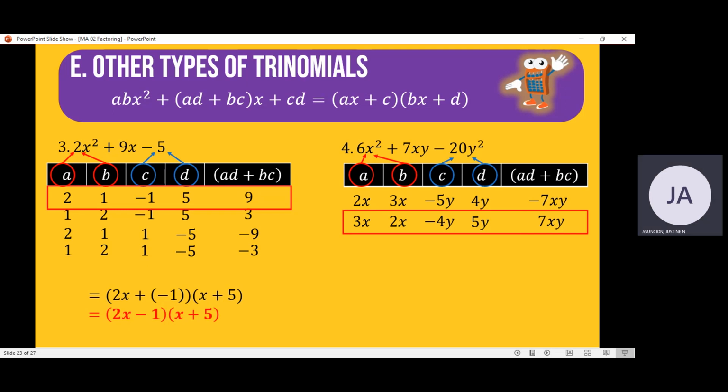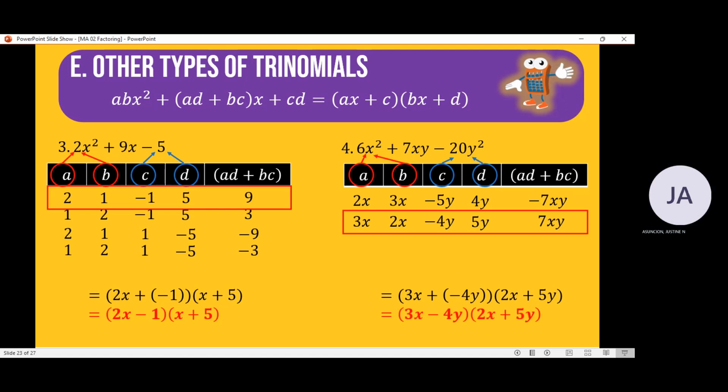Again, use the form of Ax plus C times the quantity of Bx plus D. So if that's the case, we now have the factors 3x plus -4y times the quantity of 2x plus 5y, which is 3x minus 4y times the quantity of 2x plus 5y. So again, it depends on you on the possible combinations of the factors of the first term and the last term.